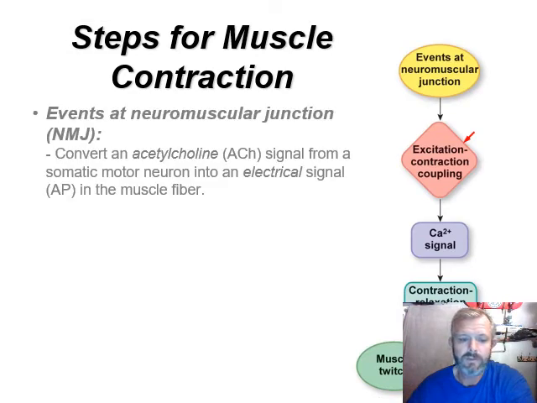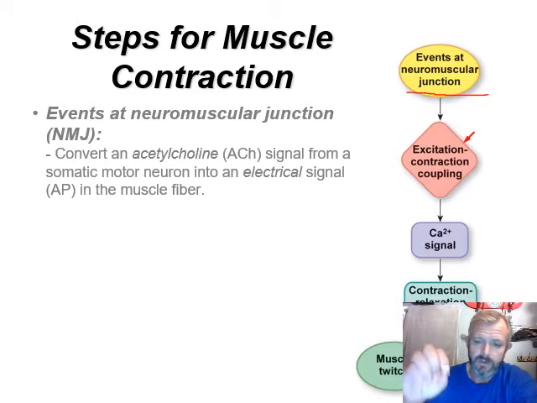Once we have those events taking place at the neuromuscular junction, we get our excitation, the depolarization of the muscle there at the neuromuscular junction.